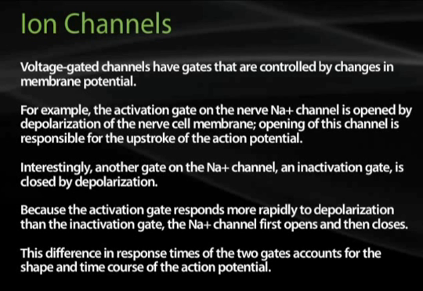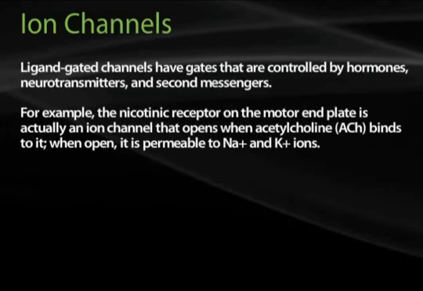Interestingly, another gate on the sodium channel, an inactivation gate, is closed by depolarization. Because the activation gate responds more rapidly to depolarization than the inactivation gate, the sodium channel first opens, then closes. This difference in response times of the two gates accounts for the shape and the time course of the action potential.